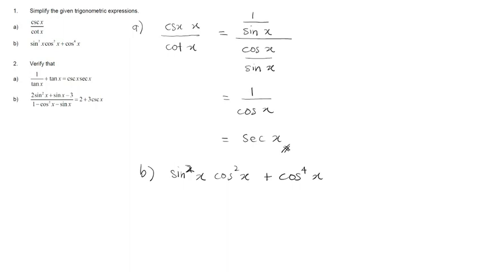So we can take out the cos squared x, and what is left is sine squared x plus cos squared x. And we know that sine squared x plus cos squared x is equal to 1. So we get cos squared x. So this is the simplified version.